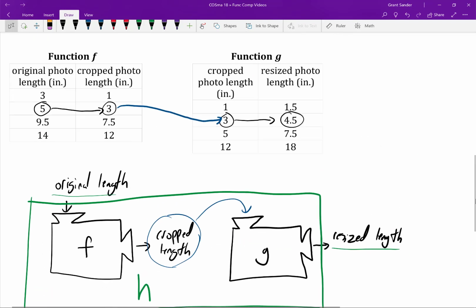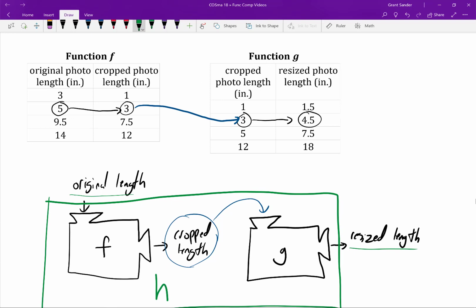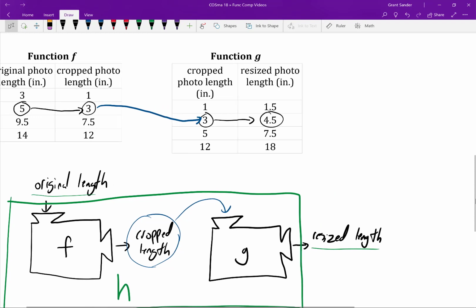Going back to our table of values, we had a table for our function f, and we had a table for our function g. We could use these two tables to construct a table for this function h. We'll have to chain together these two processes. We did this once. We saw that when the original photo length is 5, the resized photo length is 4.5.